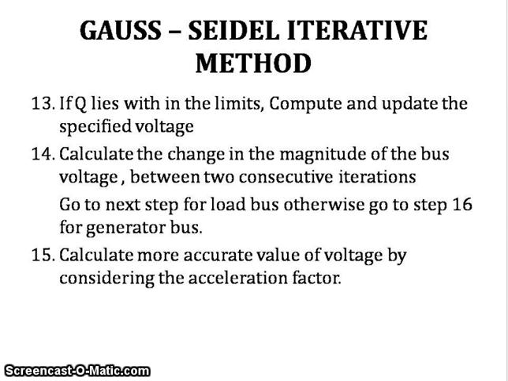Calculate more accurate values of voltage by considering the acceleration factor. The acceleration factor is to speed up the iterative process. When the convergence is going incrementally slowly, we can use the acceleration factor so that we can achieve the convergence in fewer iterations.